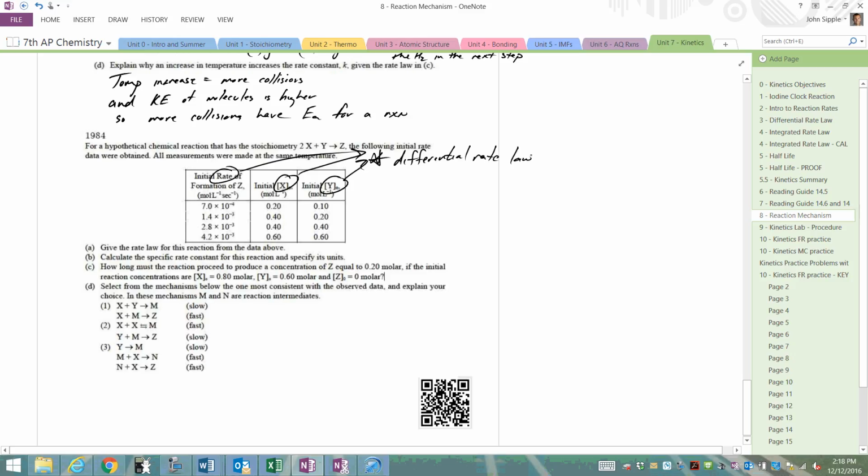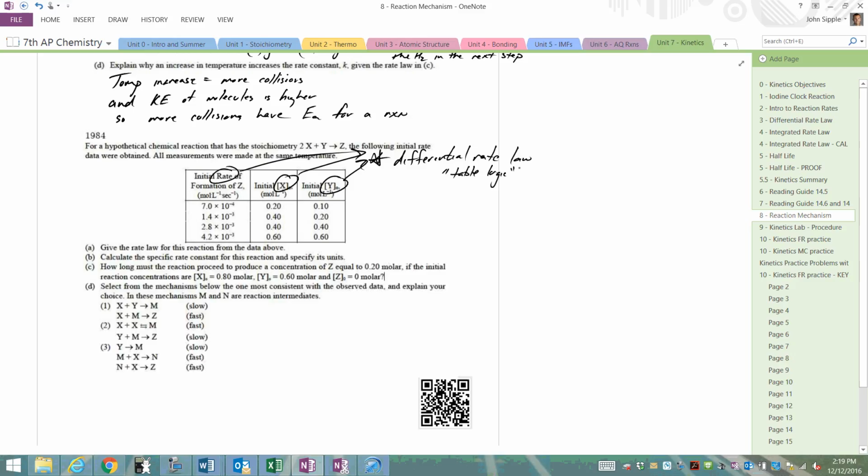This is the one where we use table logic to solve it. The other type is when you have time and concentration. Then you break out your calculator and plot the data. That's integrated rate law. Those are the only two options, two types of problems.